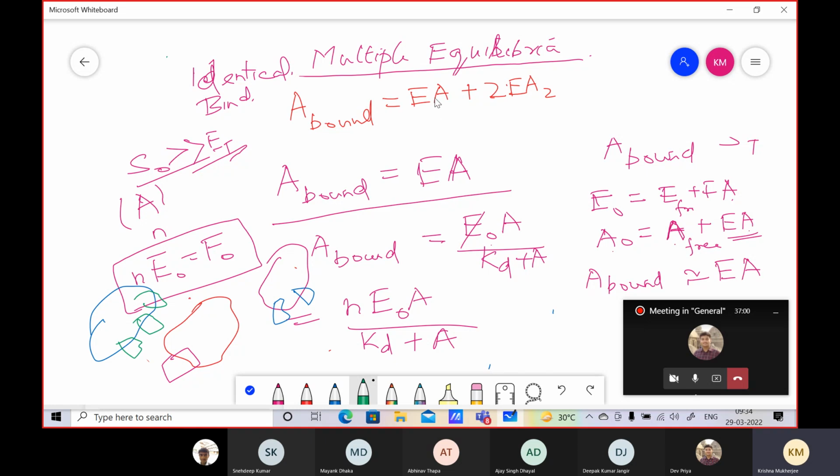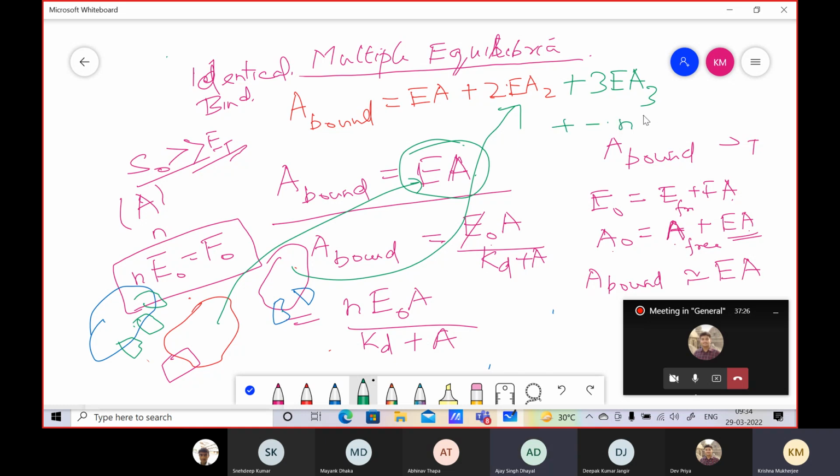So this EA is carrying only one. This fellow is EA. But this is EA2, carrying 2 A's. And this is EA3, so it is plus 3 EA3, and till plus N EAN.